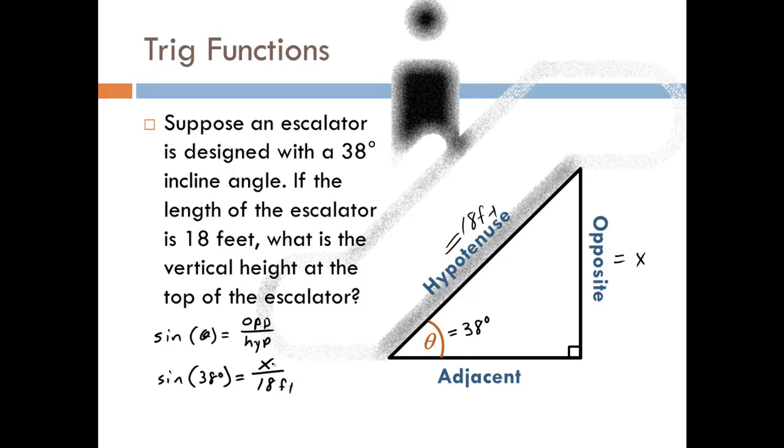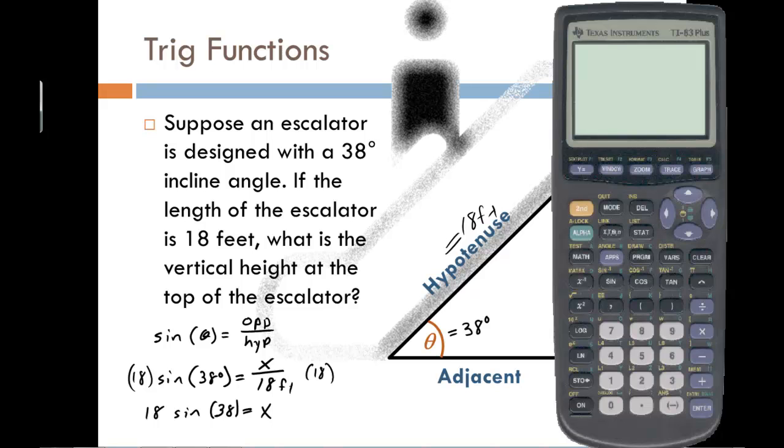To get x by itself, we just need to multiply both sides by 18. So x equals 18 times the sine of 38 degrees. Using a calculator, we can easily compute this.